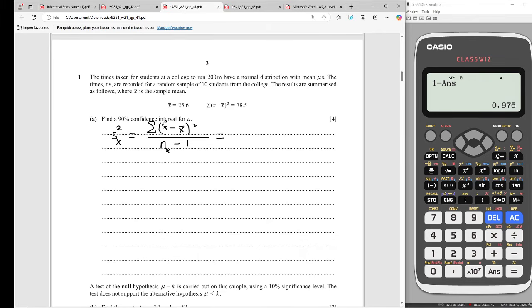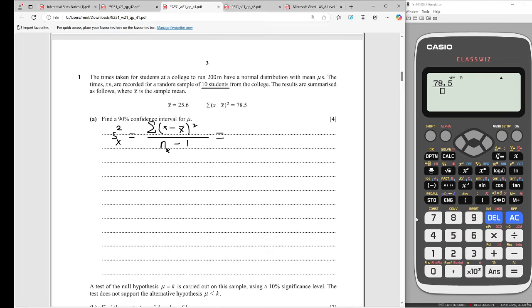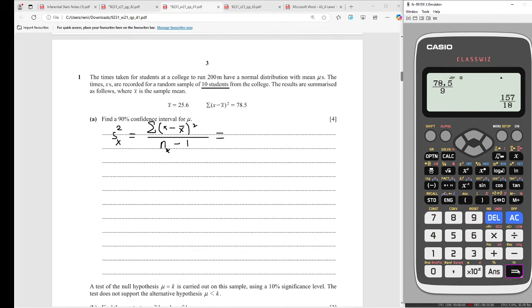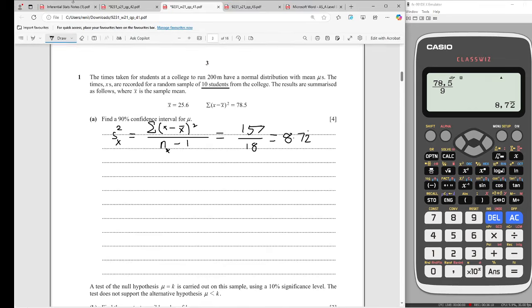Using this formula, we can calculate. So 78.5, divided by the number of terms of x, which is 10 students, minus 1, so 9, and we have here 157 over 18, and that is just 8.72 recurring. So that's your S2 of x.